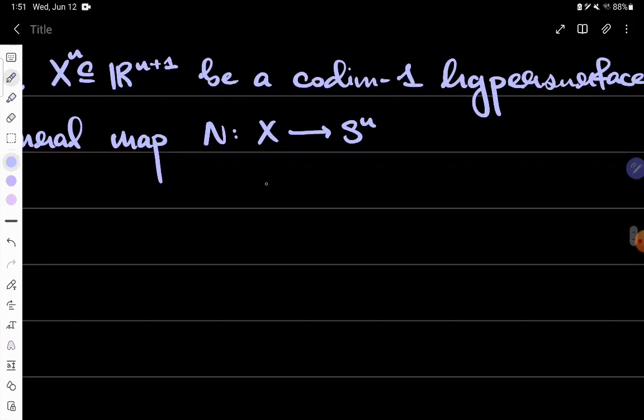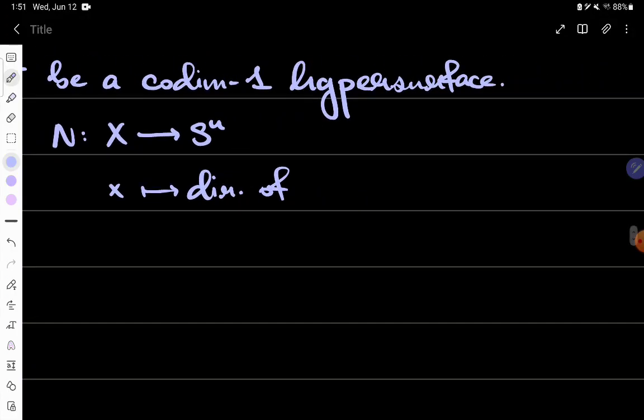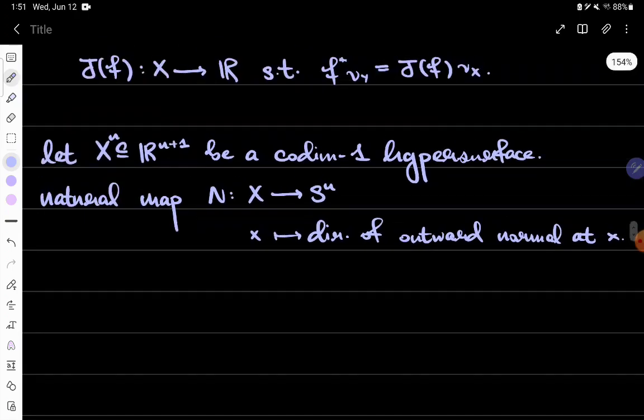So it's going to send each x to the direction of the outward unit normal, and this is going to be some unit vector, so in fact it can be seen as an element of the n-sphere. This is called the Gauss map, I think, for historical reasons.